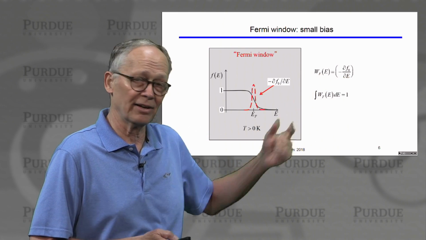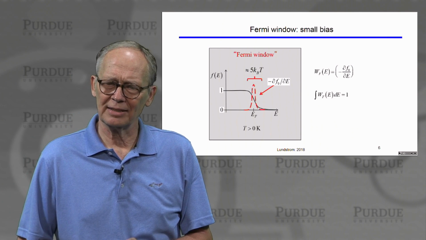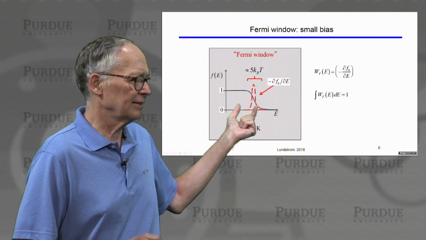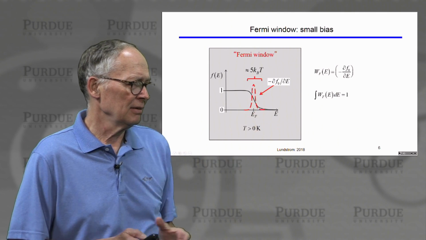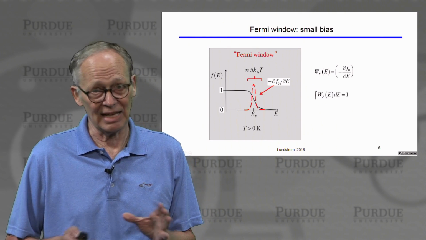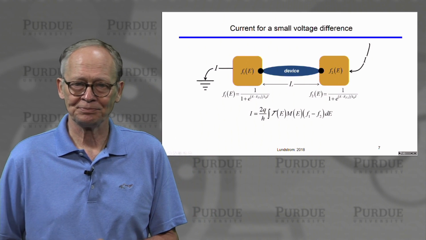You can show that the area under that curve is 1. The width is a few kT. So as we cool a device and make this width narrower and narrower, this Fermi window is going to have the properties of a delta function. That makes life really easy because it's simple to integrate delta functions.